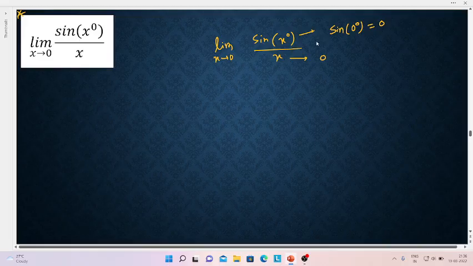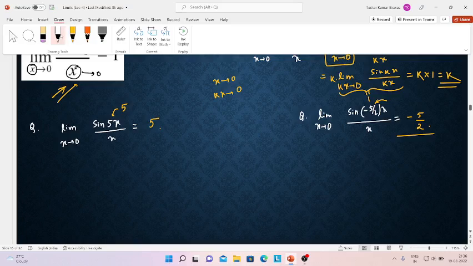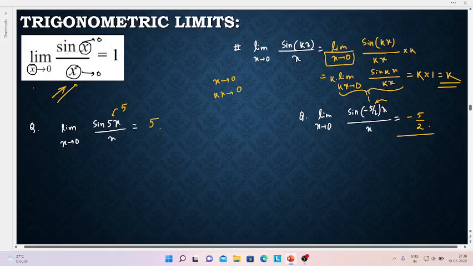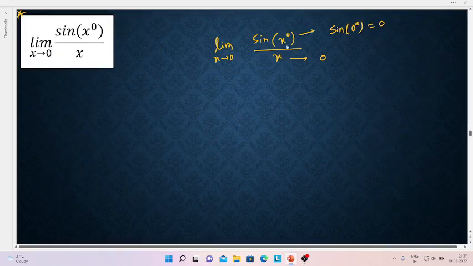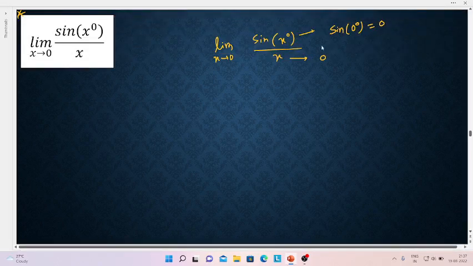But in the previous formula, we saw limit x tends to 0 of sine x upon x. Here also that x tends to 0, and that x tends to 0, right? So this is nothing but the same form, right? So most students will say, sir, the value of this is equal to 1.